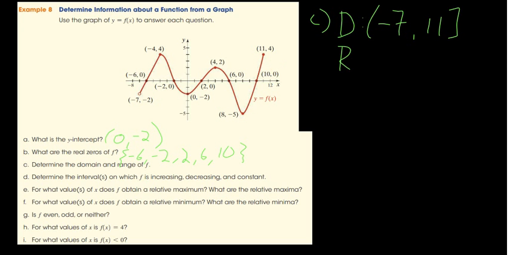And the range, again, is on the y-axis. So where do we exist on the y-axis? It looks like we go all the way down to -5. The range corresponds with my y-axis, so I'm looking at my y number there, the -5.